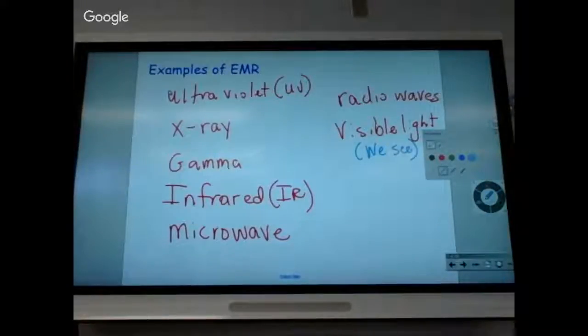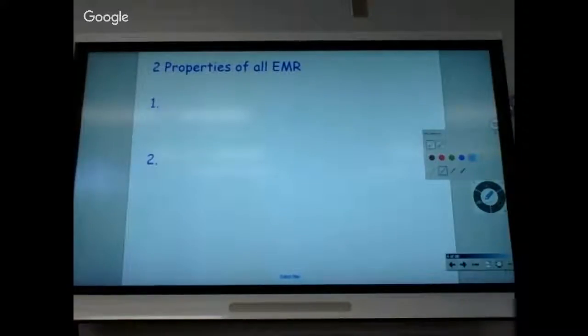Now, how can we tell the differences between the various types of electromagnetic radiation? All right? Well, there are two things that make UV different from IR, or make gamma rays different from microwaves. For example, we can use microwaves to cook our food.